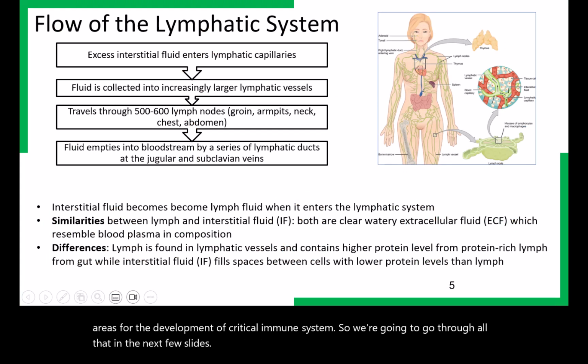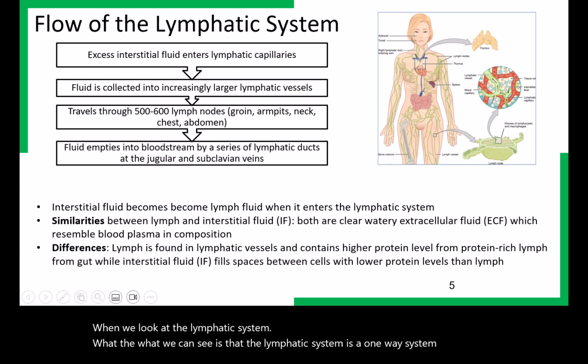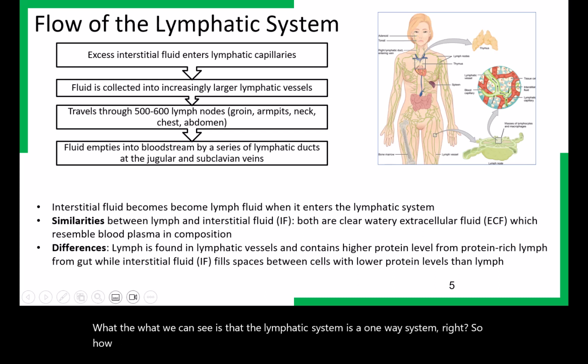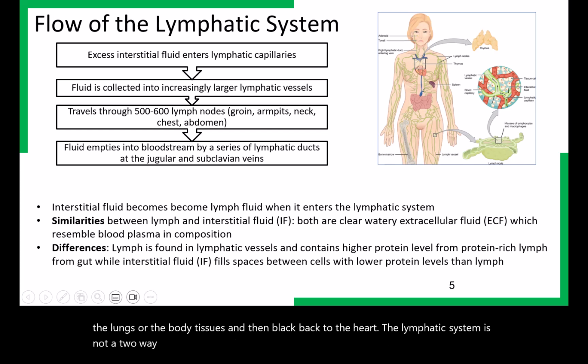When we look at the lymphatic system, we can see that it is a one-way system. You know how the cardiovascular, the blood circulatory system, pumps blood from the heart to the lungs or the body tissues and then back to the heart. The lymphatic system is not a two-way flow, it's a one-way flow.